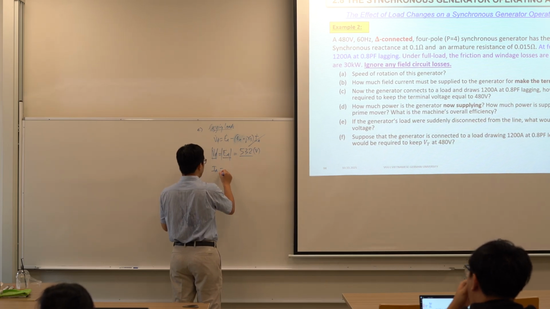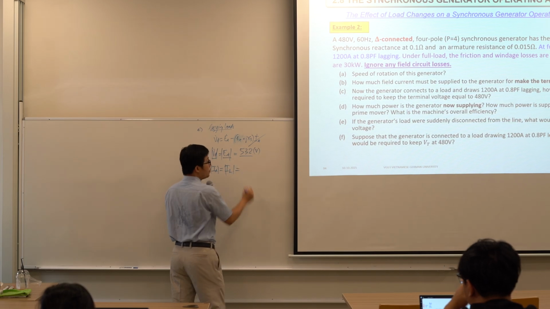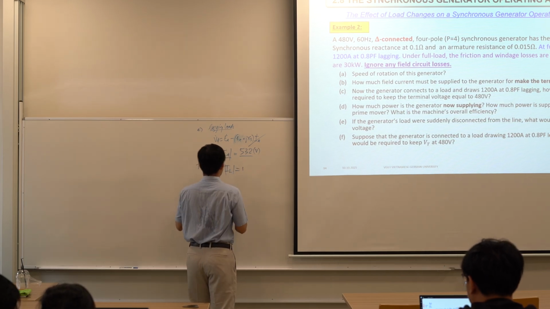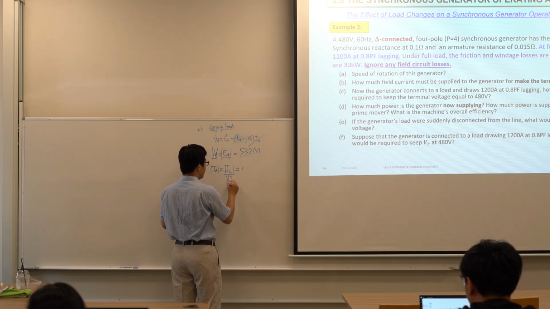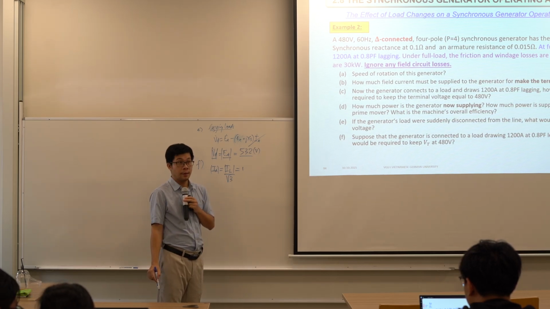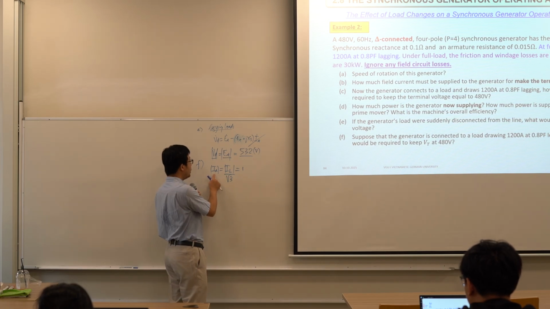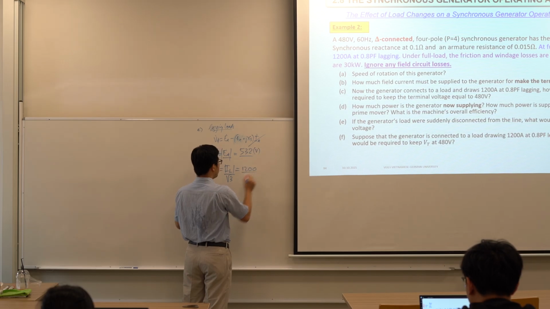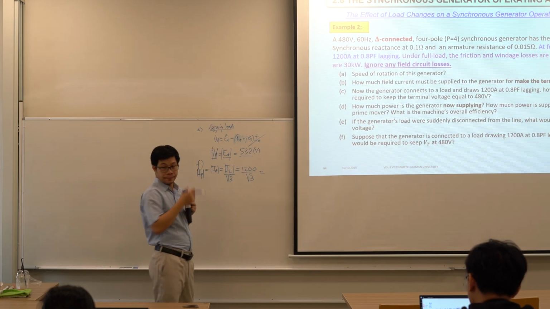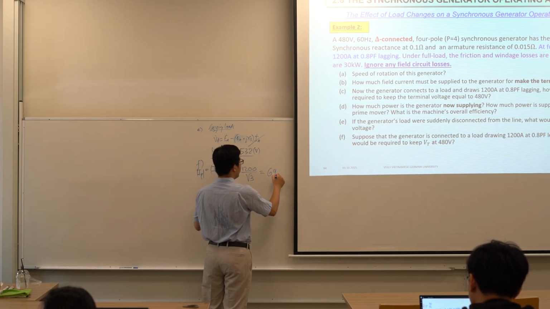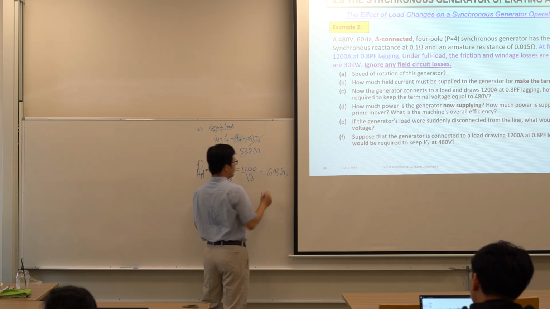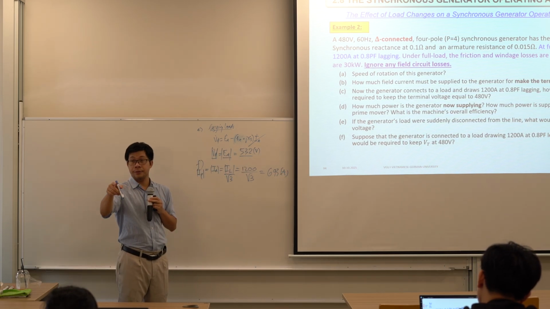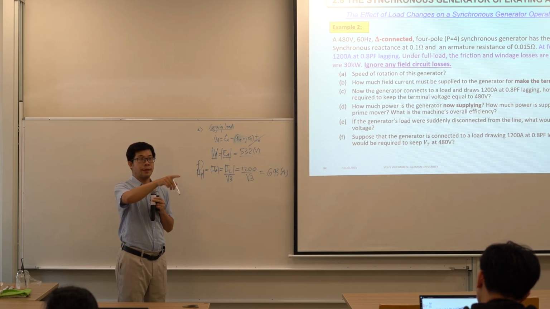So phase current equals line current divided by root 3, because delta connection. So 1,200 divided by root 3, how many, please? 693, right? Double check. Okay, good.